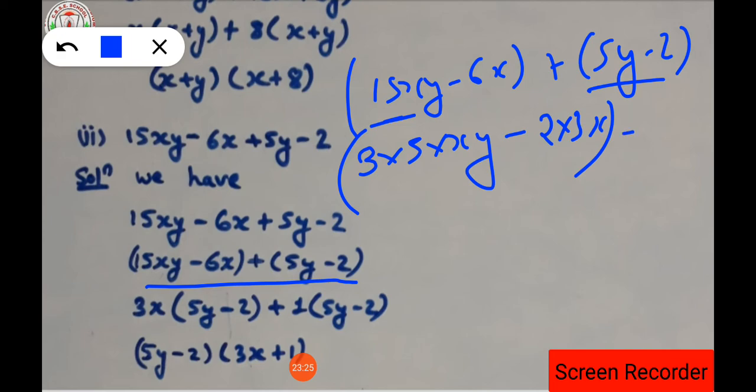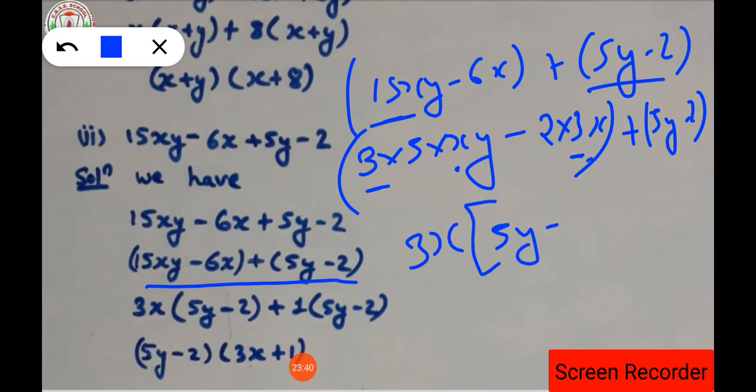And here it will be directly written as 5y minus 2, isn't it? Now look among the pair, 3 is common, x is common, isn't it? So 3x is being taken out. What is the number left out? That is 5y minus 2, isn't it? And as I told you, if no common term is there inside the bracket, the 1 simply comes out, because 1 is common for everywhere.